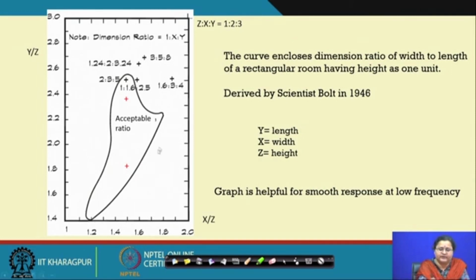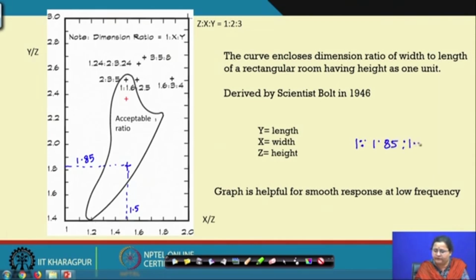You should be within this acceptable range area, which actually says that if you are at a point here, that is the proportion is height is 1, that is z is 1, and if you put it down it is 1.5, and if you go this way you can have something 1.85. So, where height is 1, you can have a length of 1.85 is to 1.5 ratio.